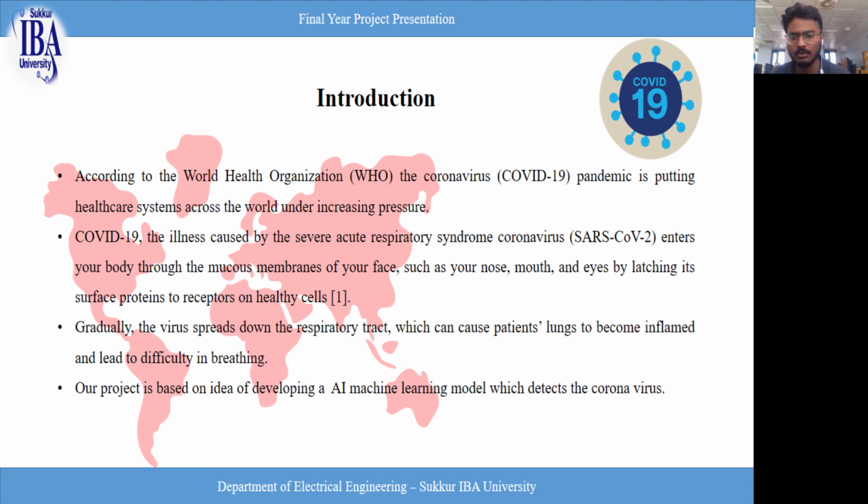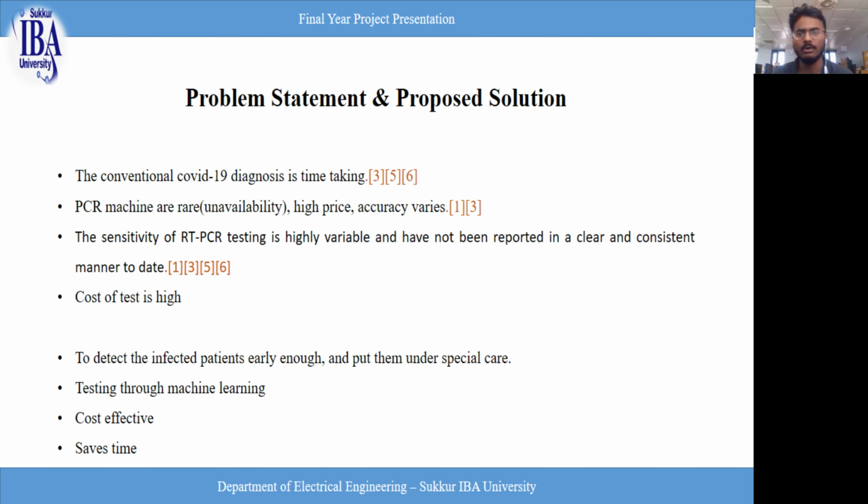Gradually, the virus spreads down the respiratory tract, which can cause patients' lungs to become inflamed and lead to difficulty in breathing. So, our project is based on the idea of developing an AI machine learning model which detects the coronavirus.